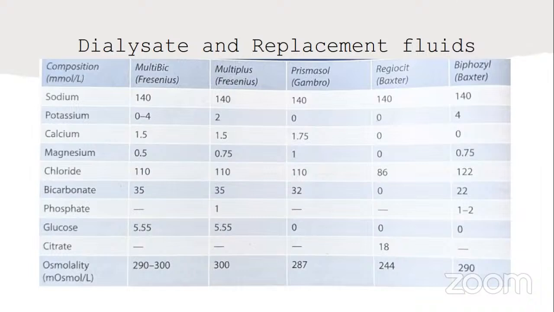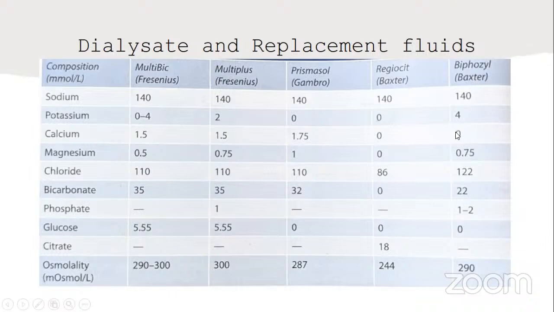Before the blood enters the patient, the calcium will get added, so that the normal coagulation mechanism will be restored in the patient. So this extracorporeal anticoagulation will be given regionally through these Regiocit bags. Okay, so whenever we consider using Regiocit, we have to consider using Biphozyl.